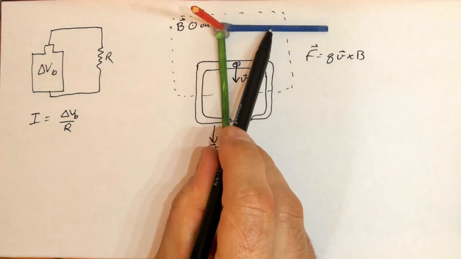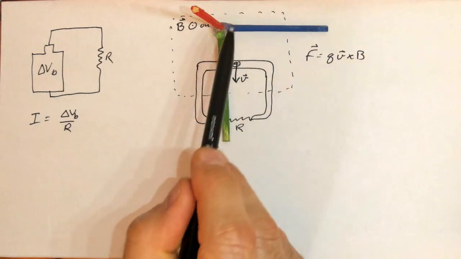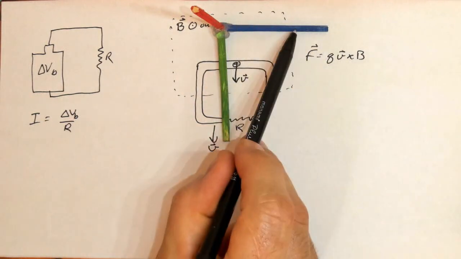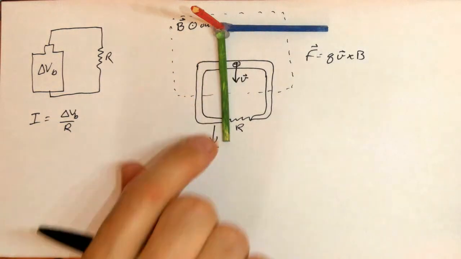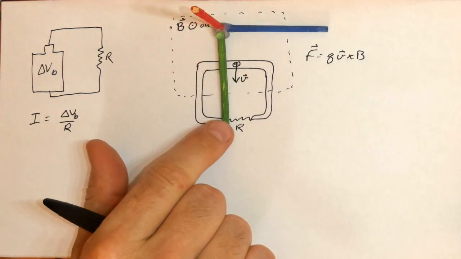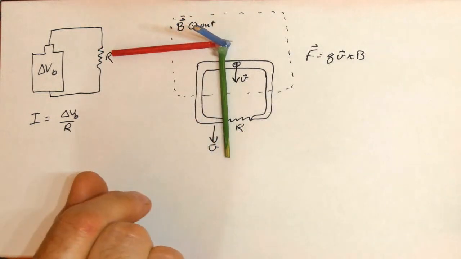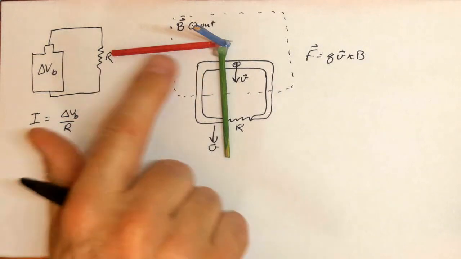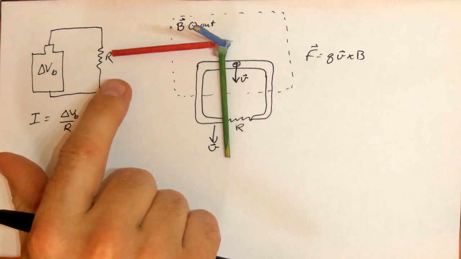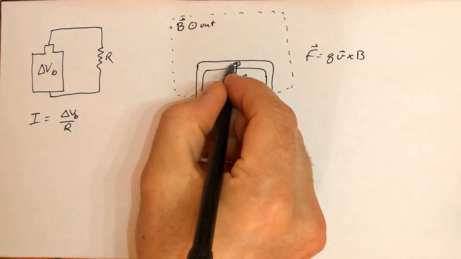That makes the blue the second one by the right-hand rule. Okay, and so B in this case is blue, and F would be the result, the red one. Okay, so our velocity is downward, but our B field's out at you. So I move that so that the velocity stays down, but the B field is pointing out at you, which means there's a force to the left on that charge. Okay, so there is a force this way.